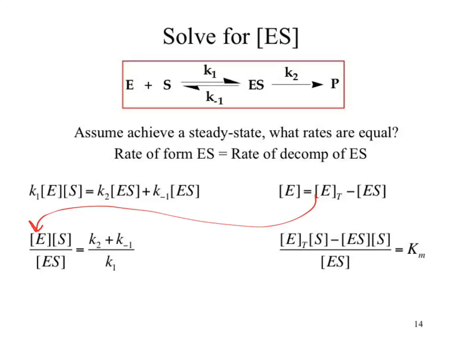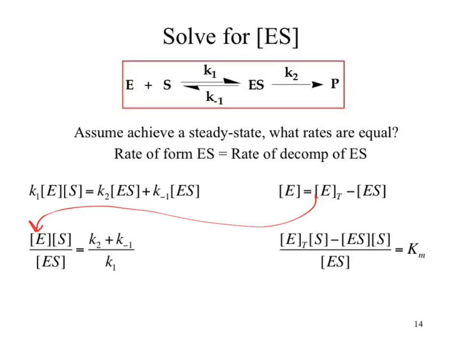A rate constant. What's a constant plus a constant? A constant. What was K1? Also a constant. So what's a constant plus a constant divided by a constant? A constant value. I don't need to know what it is necessarily, but it is a constant.